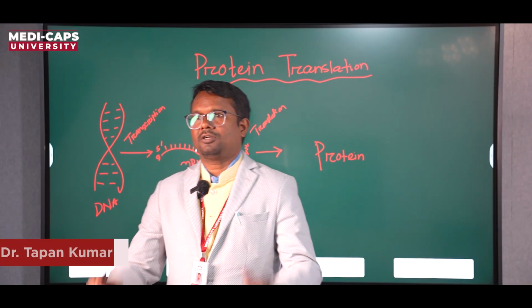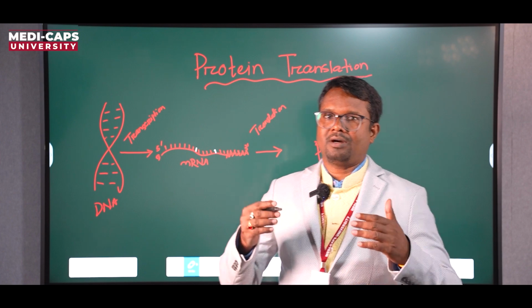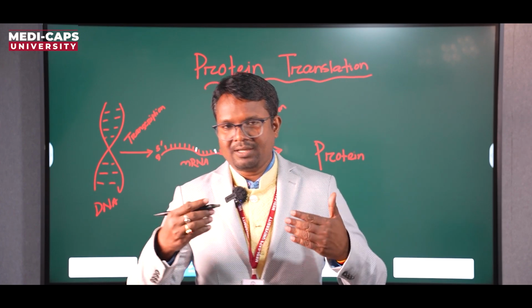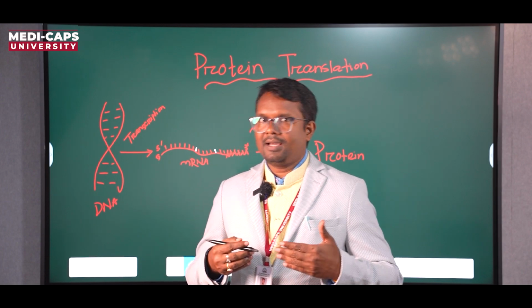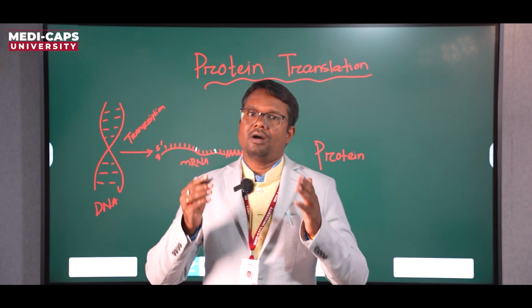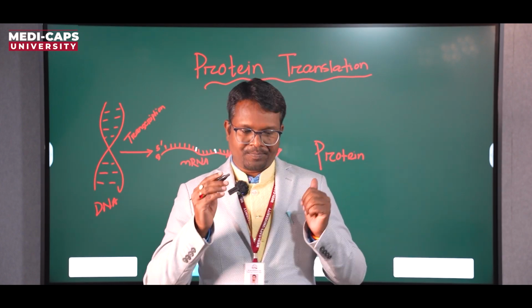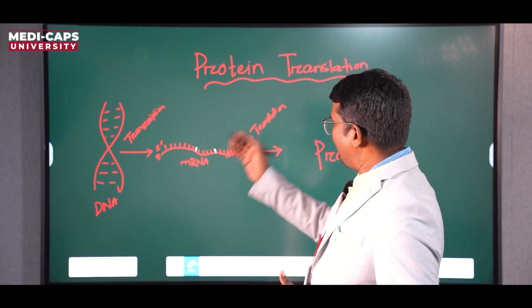So we will learn about protein translation. You know how the message encoded in the DNA or in our gene gets translated into the protein for the function in our body. So before starting, please look at here.